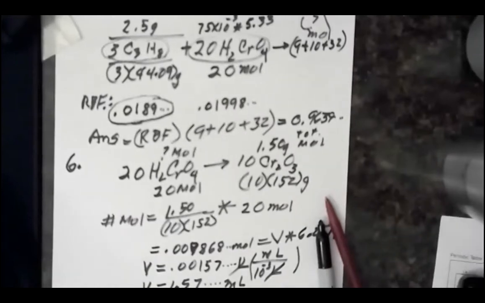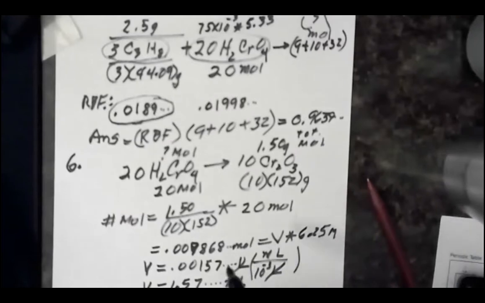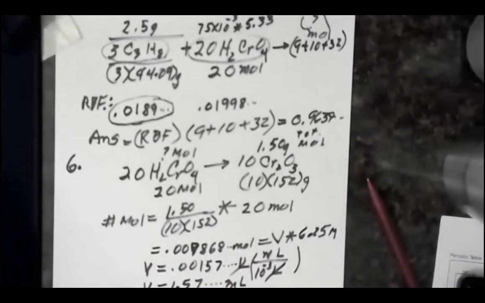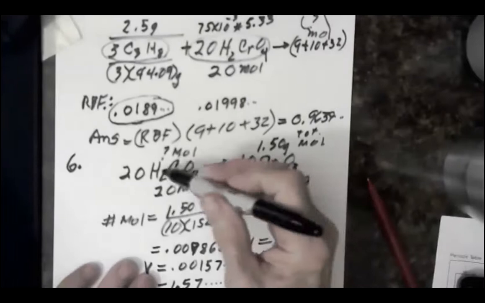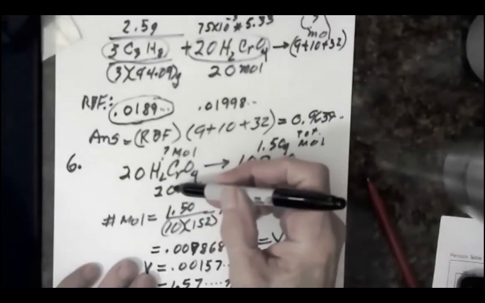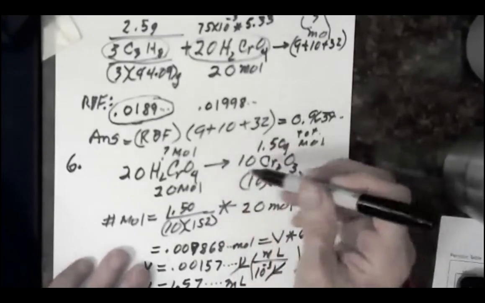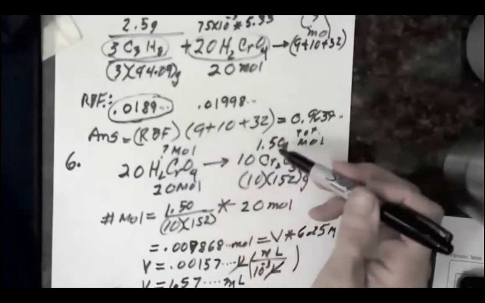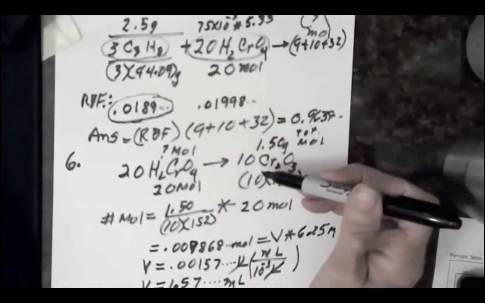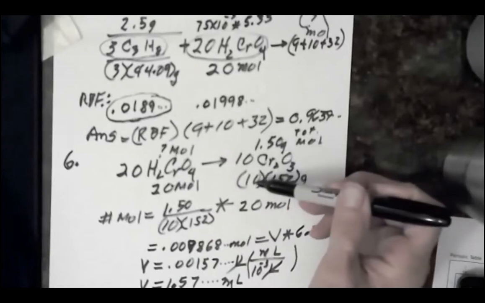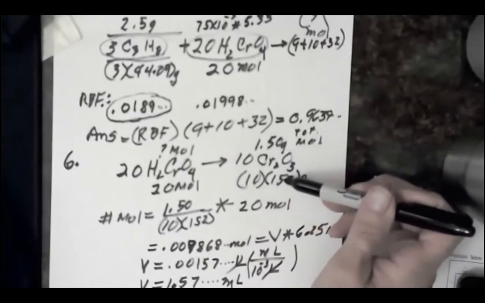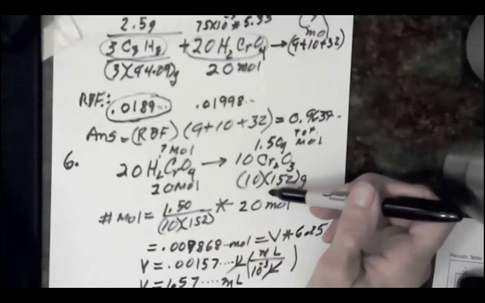And somewhere, have I done it again? Okay, what if you got 6.25 molar, I have 1.5 grams of this. Equation showing 10 times 152, I believe, and that's correct.